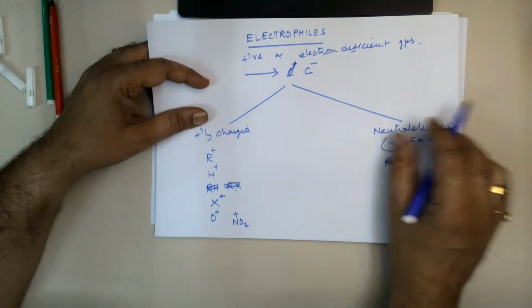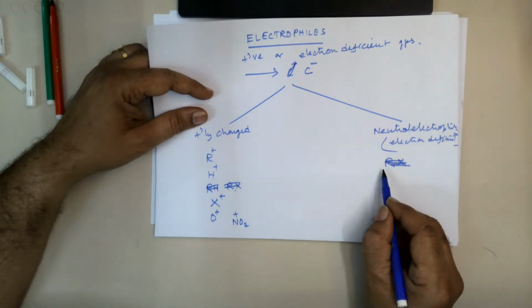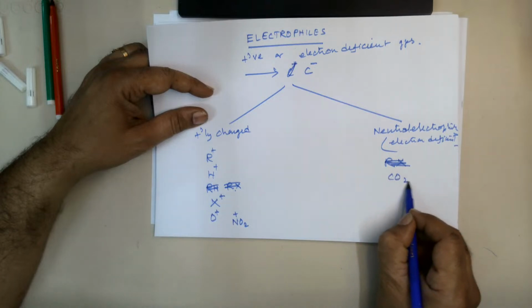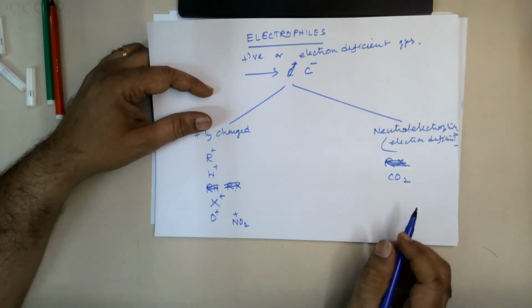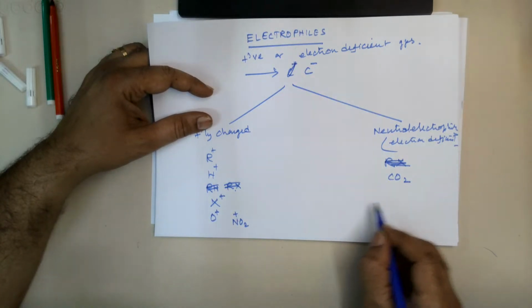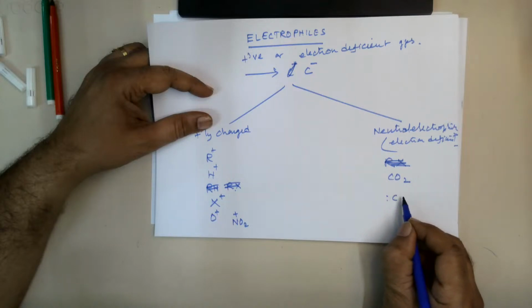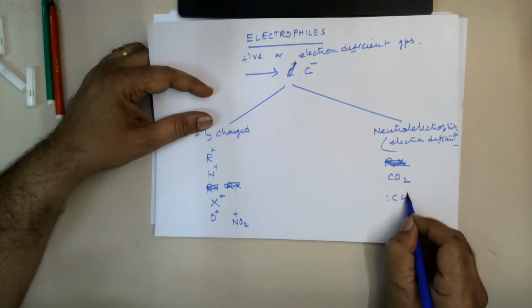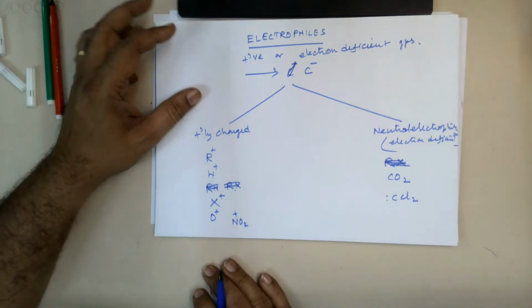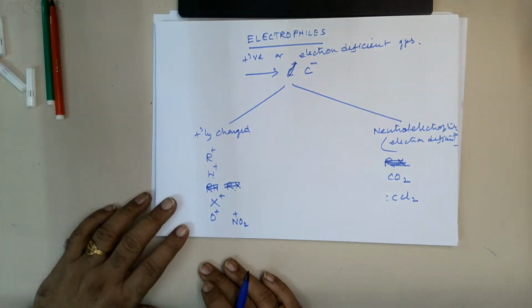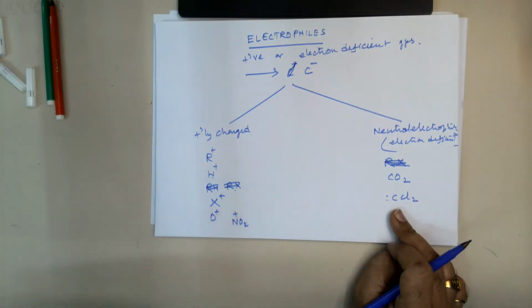And neutral electrophiles are carbon dioxide, CO2, then dichlorocarbene, CCl2. Okay, this is called dichlorocarbene.